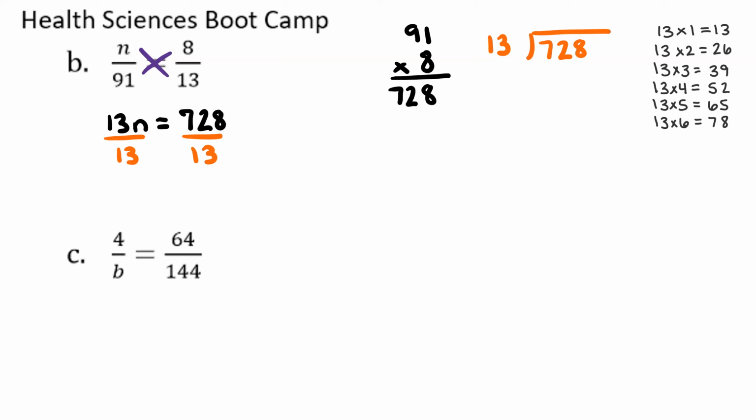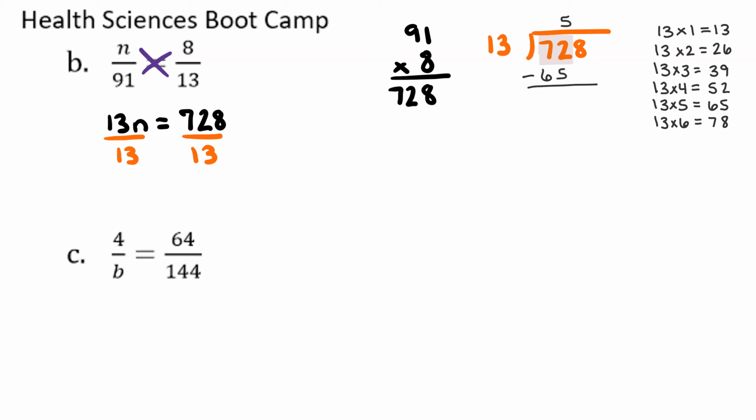Now that's as high as I'm going to go, because the first step is to see how many times 13 can go into 72. And 78 was too big, so I'll say that it goes 5 times. And I know that 5 times 13 makes 65.